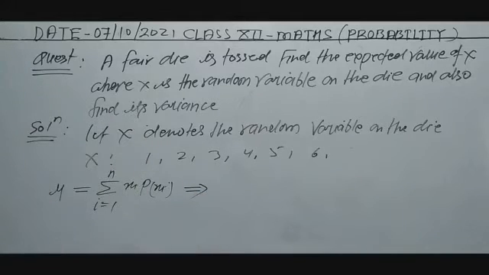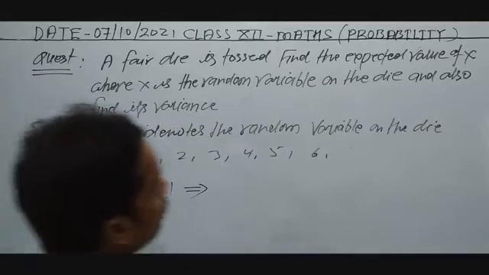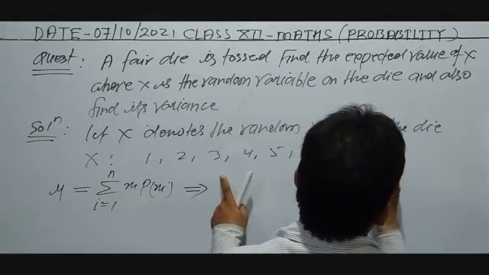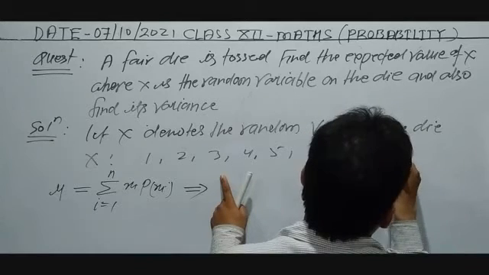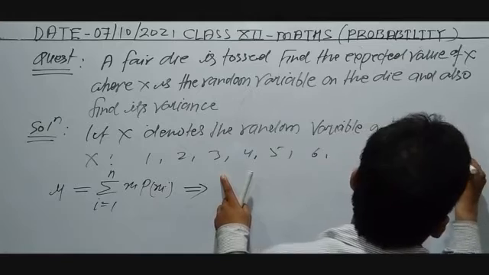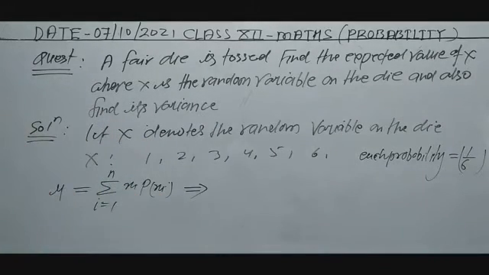And you know, these are equally likely events, so each probability will be 1 by 6.